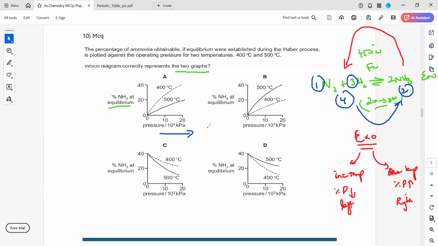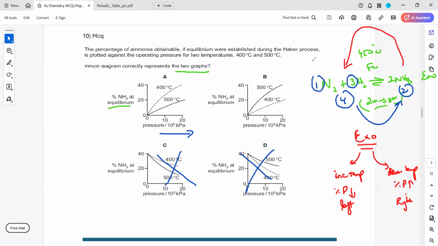So first thing, why are C and D wrong? Because when we are increasing the pressure, the yield is decreasing. So either A or B can be the answer. For a reversible reaction, if you increase the pressure, equilibrium will shift towards the side with fewer moles of gas. In this case, we have fewer moles on the product side, so equilibrium will shift towards the right hand side, and we will get more ammonia.